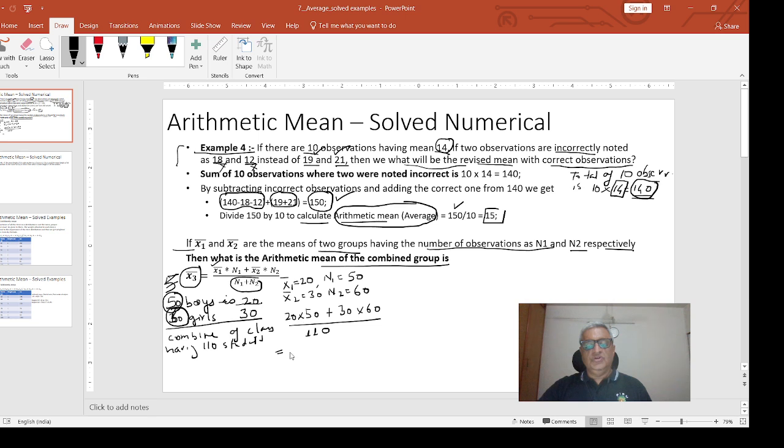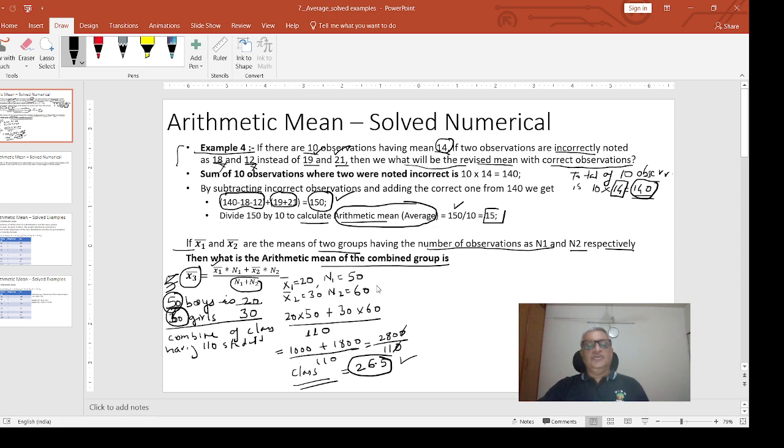That is 1000 plus 1800 divided by 110, that is 2800 divided by 110. So it would be approximately 25 point something. So that's the average marks of the entire class, right? This is how we apply this formula.